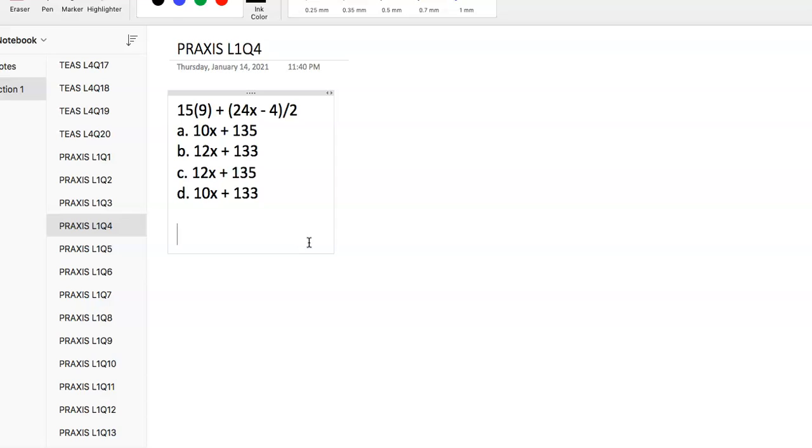Okay, and then we have a distributive one. So this one is a little bit harder. As we do this, we start off with 15 times 9. So 15 times 9 is 135 plus, right here we have 24x minus 4, divided by 2.